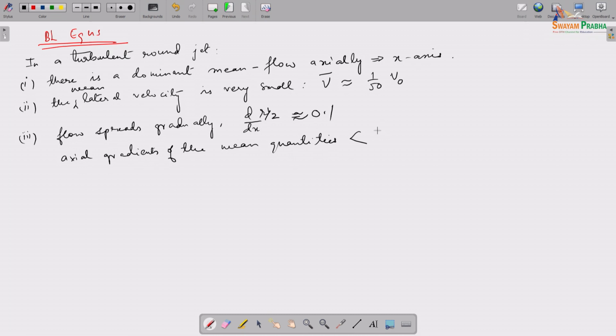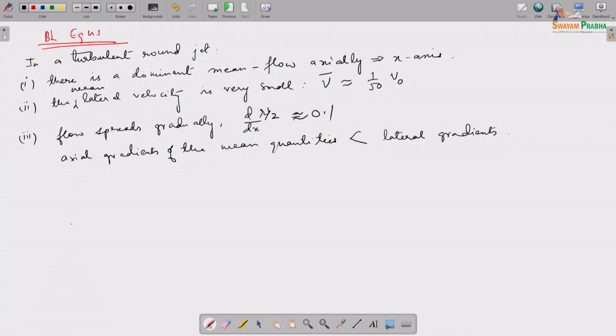As the flow spreads going down the x distance, the gradients of, say, velocity, pressure, temperature and so on in the x direction are smaller compared to the lateral gradient in the y direction. So we say it spreads gradually.